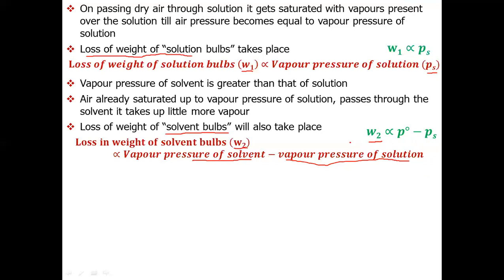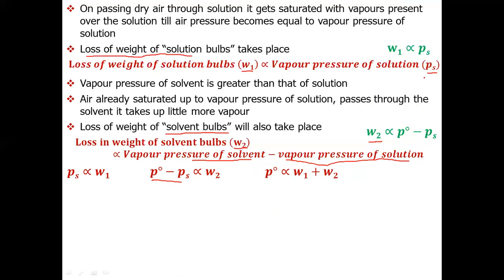W2 is the loss in weight in solvent bulbs, P naught is the vapor pressure of pure solvent, and Ps is the vapor pressure of the solution. Now using these two relations, we can write Ps is proportional to W1 and P naught minus Ps is proportional to W2.